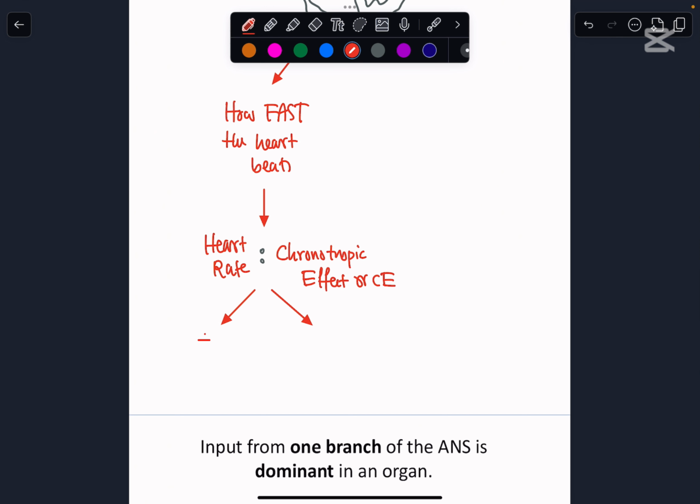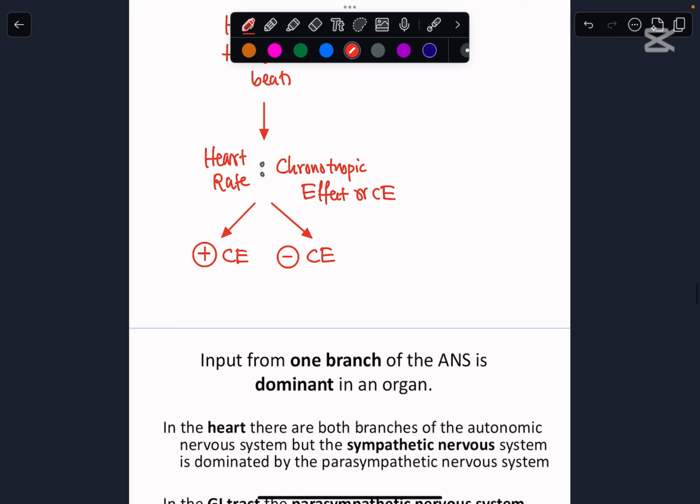Here we have positive CE, positive chronotropic effect, and you can also have negative chronotropic effect. If you get positive chronotropic effect, the heart rate goes up, and we call that tachycardia. If you get negative chronotropic effect, the heart rate drops down, and we call that bradycardia. So far, so good.